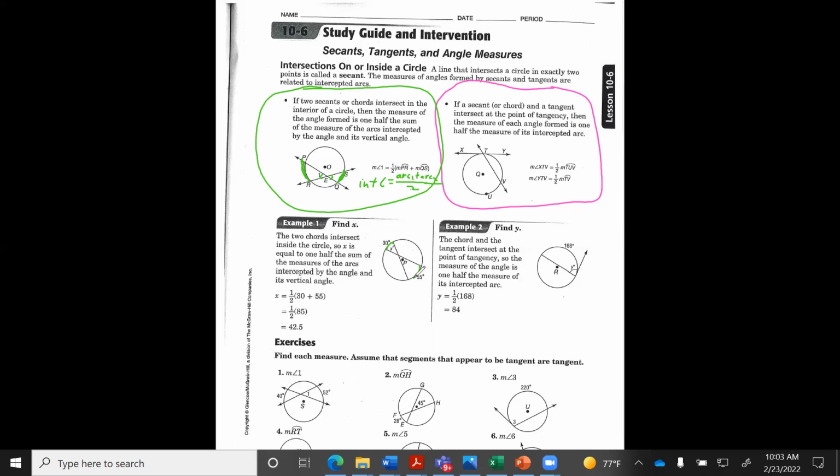That'd be for each of those 2 angles in the middle. On example 2, they gave us that the arc on the outside, this whole arc, was 168. So that whole thing is 168 divided in half, and we get the measure of the angle, which is 84. Any questions on that part?